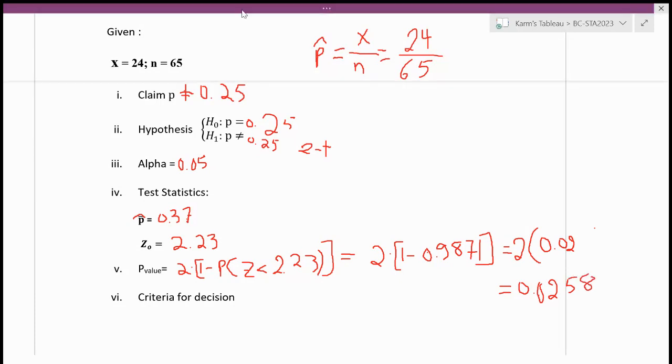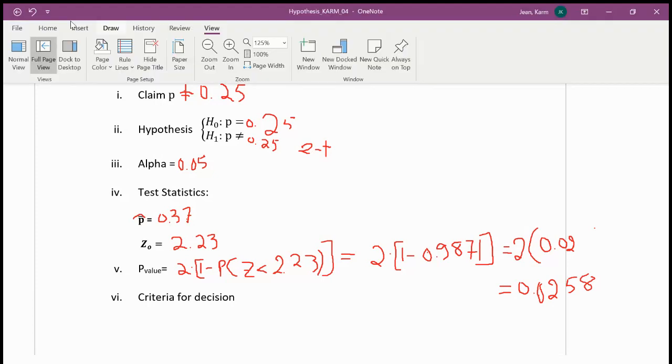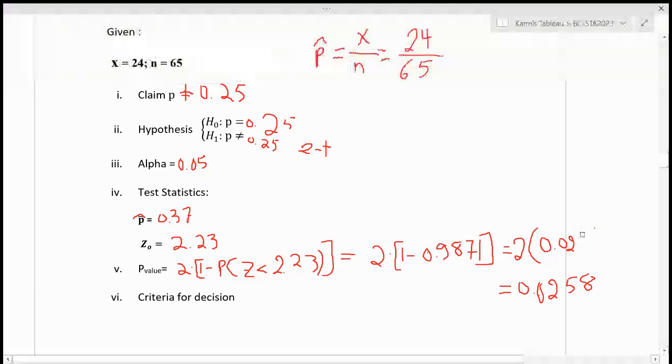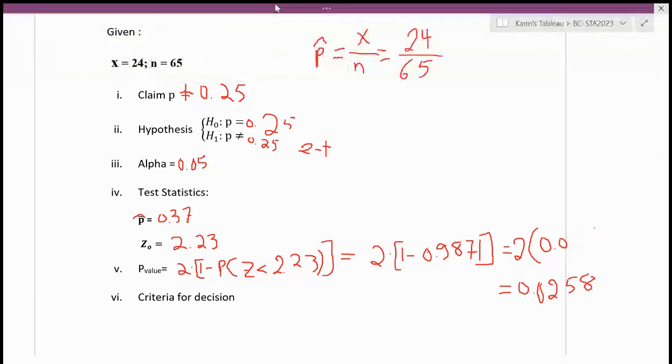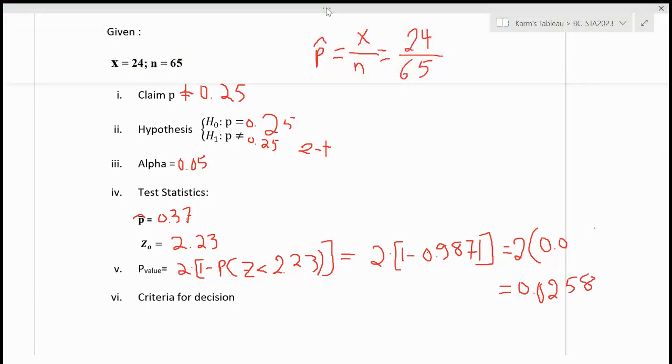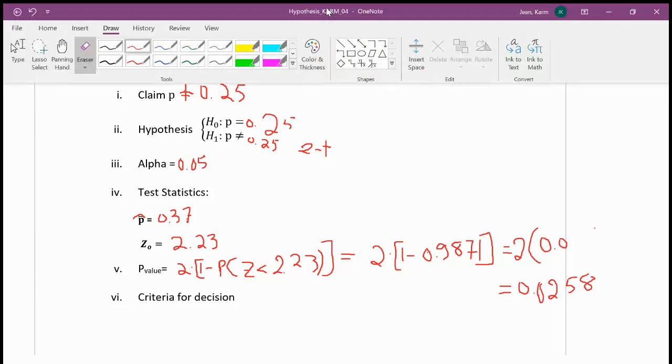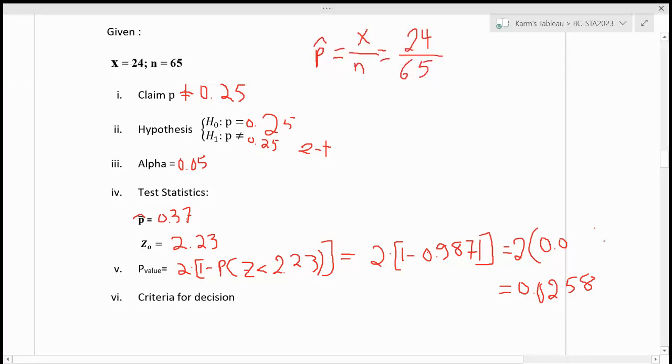Just erase that part to avoid any confusion. So whatever you go inside here, I think might be 1, 2, 6, or 7, something like that.